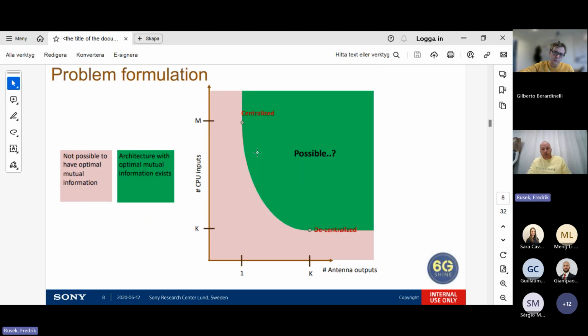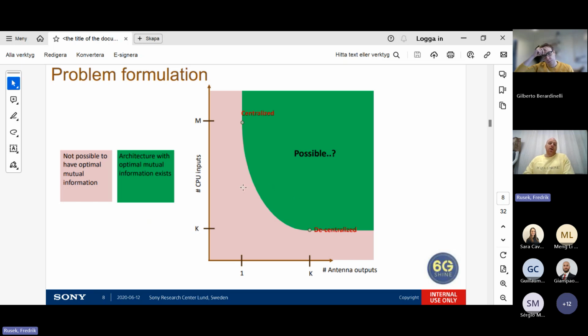So maybe it would look like this. And when I say where can we operate, I am asking for operating optimally, with optimum mutual information. Clearly, I can operate in this red region, but I will not be optimum. So I am asking where I can be in this picture and still have an optimum receiver.